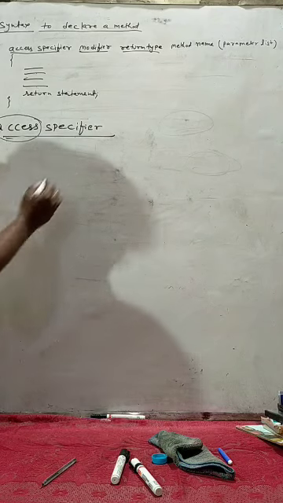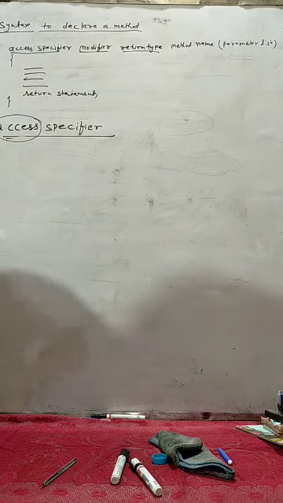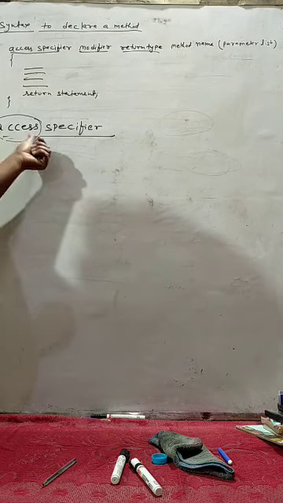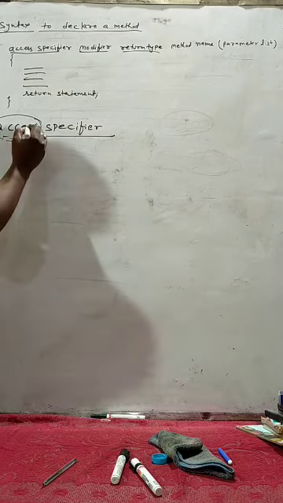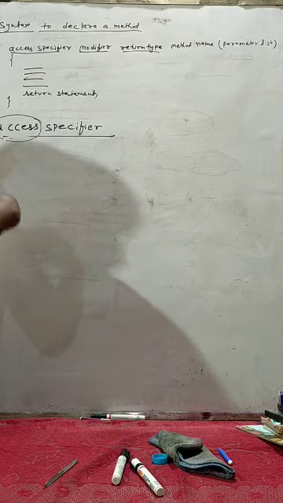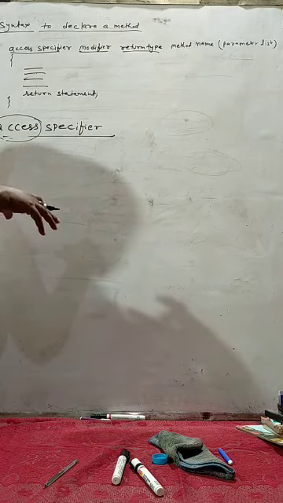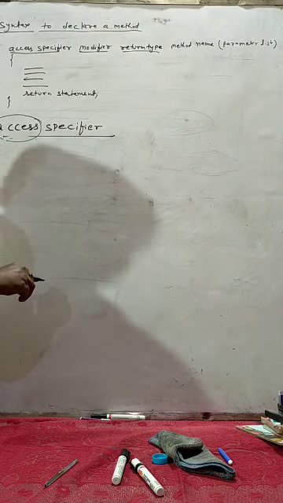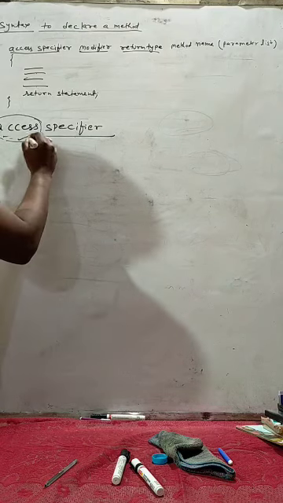It denotes the scope of usage of a method, whether this function will be accessed from outside the class or inside the class. Okay, this is access specifier.